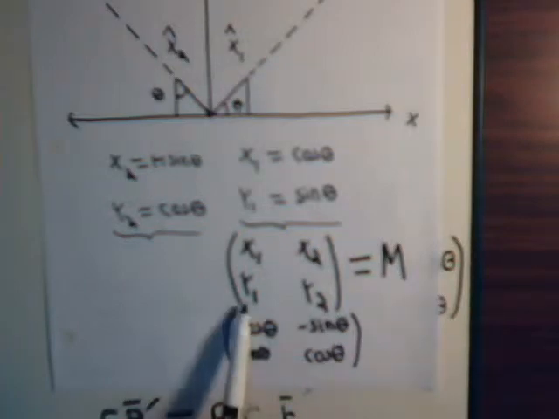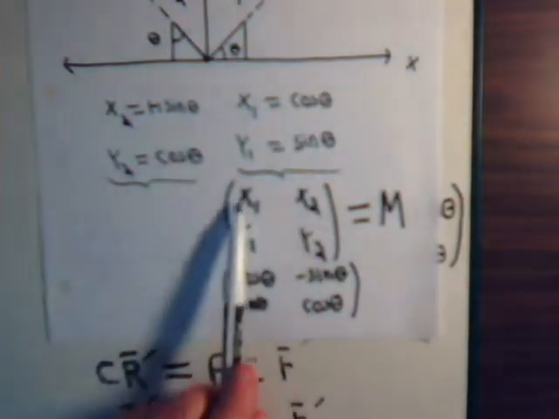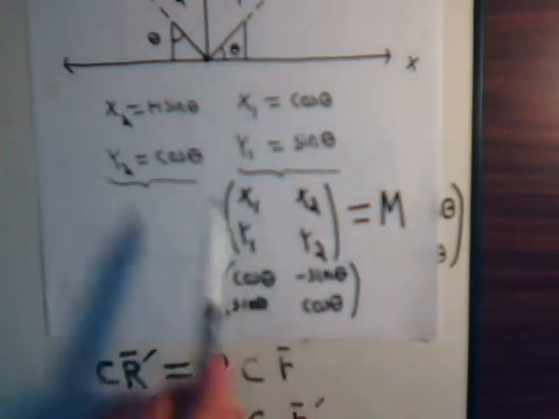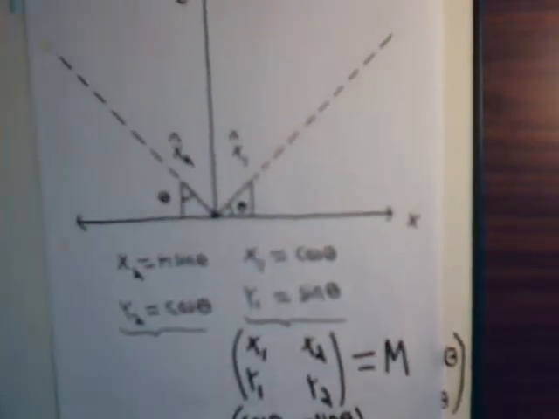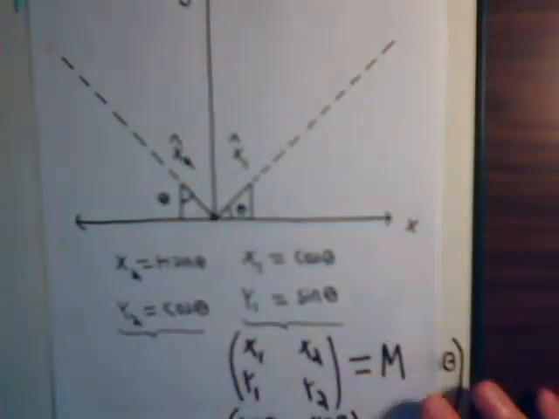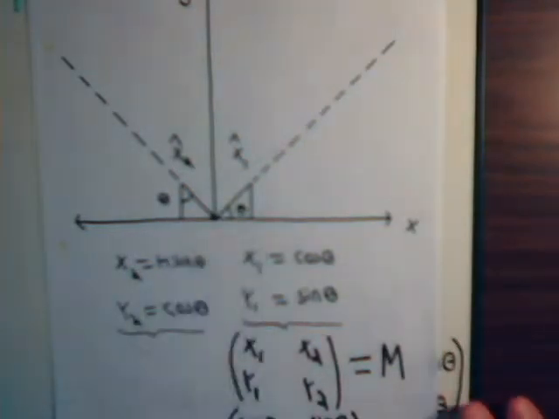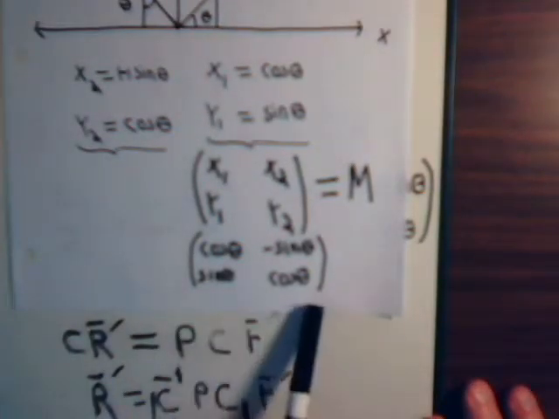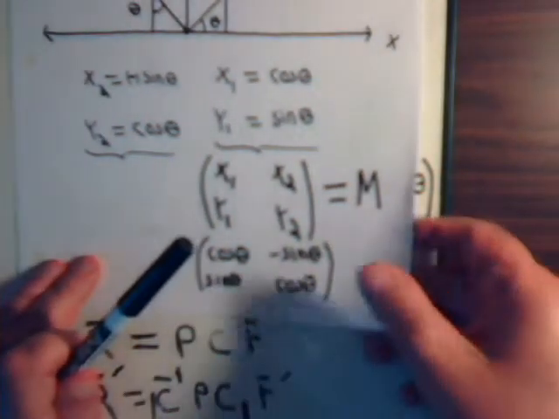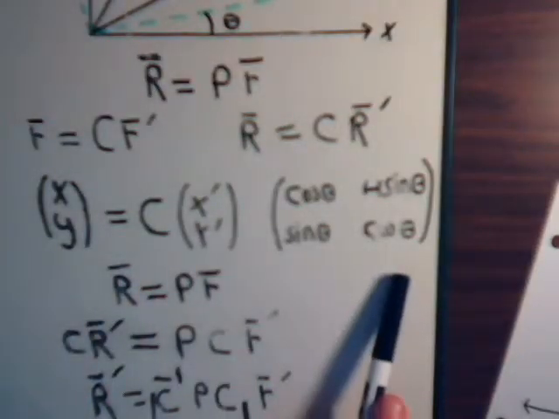But we could also write this as cosine of theta, sine theta, and here minus sine theta, cosine theta. So whatever angle this is, take the cosine and you have x1, take the sine, you have y1. But look at what this is. This is this.